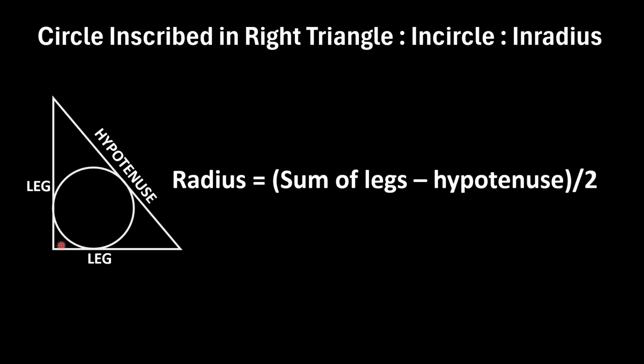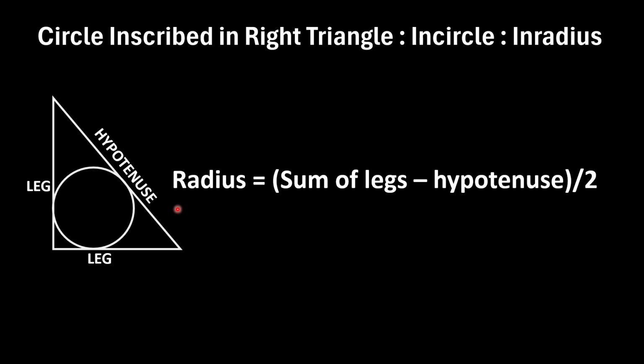This is the 90 degree angle, the right angle. The opposite side is the hypotenuse, the longest side. The other two sides are called legs. This is a leg and that is a leg. So legs are the sides other than the hypotenuse.